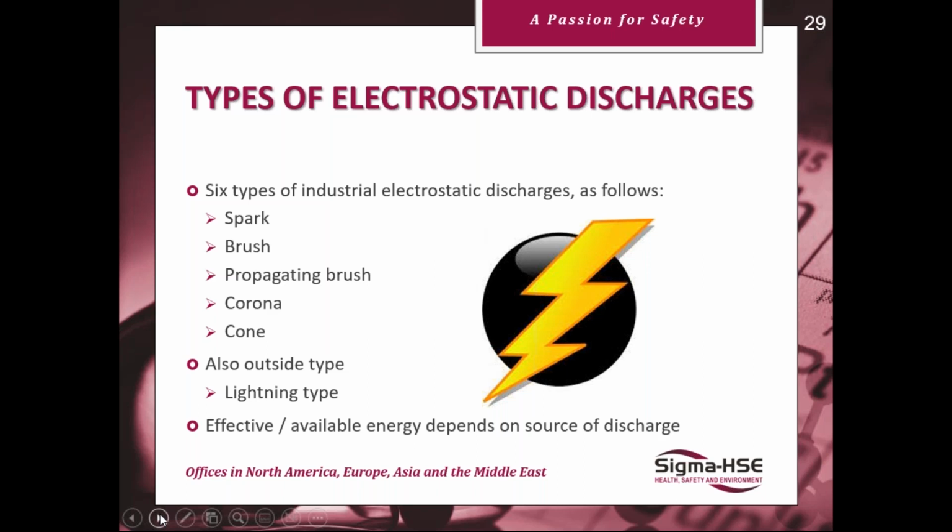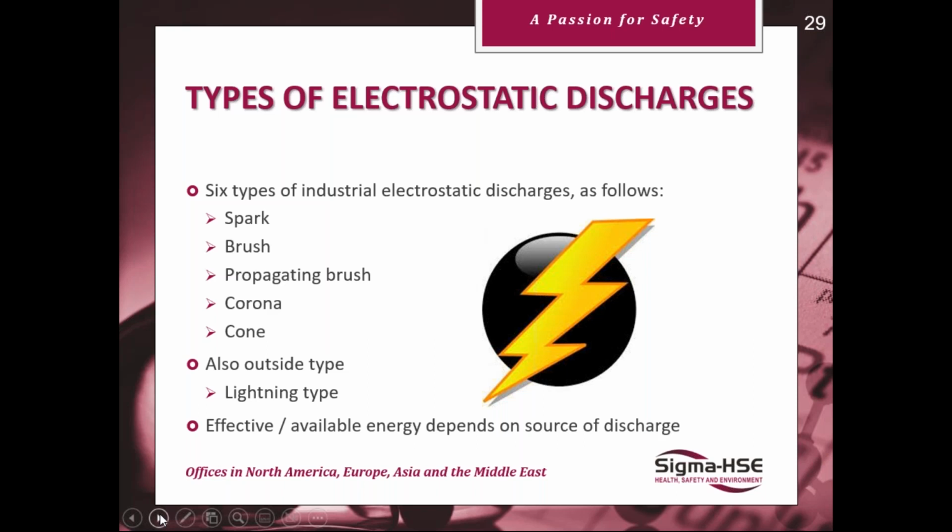Corona is the least powerful of them, followed by brush, followed by either cone or spark, depending on the circumstances. And the big one is propagating brush, which can go up to a joule of energy. And also you've got lightning types, which are electrostatic discharges.